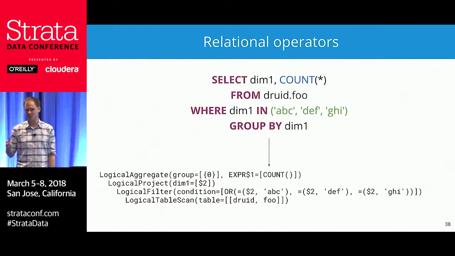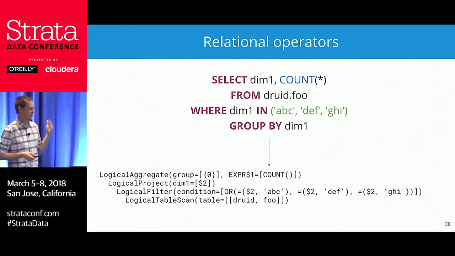So we're saying we're not interested in anything other than the second field, dim1. And then we're doing aggregation. So we're grouping by the first field out of the projection. So these are all relative to the one beneath them. So we're grouping on the first field, which is dim1. And then we're aggregating a count on top of that field.